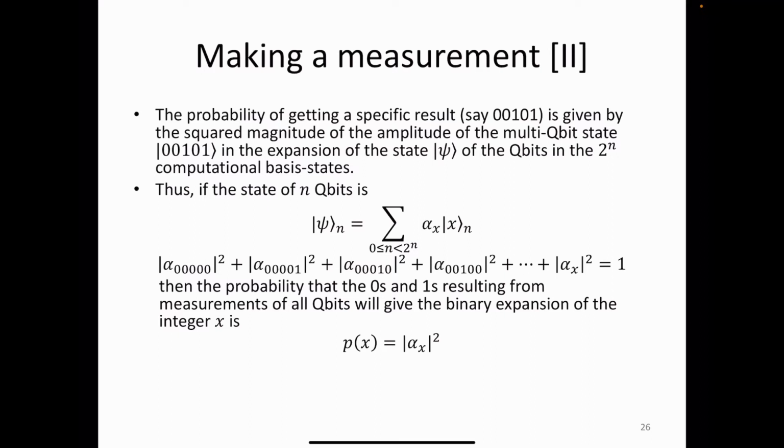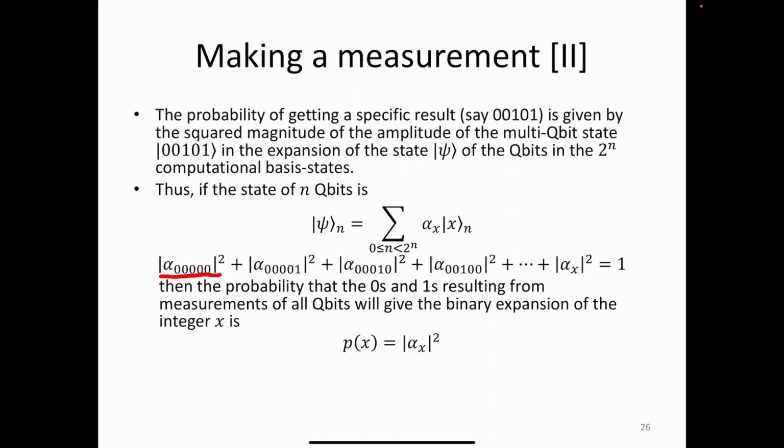Okay. So if the state of n qubits is encoded like we have it here, in that case on the bottom we have 5 qubits, then for the first one, for 0, 0, 0, 0, you have a probability amplitude, same for 0, 0, 0, 1, and so on.